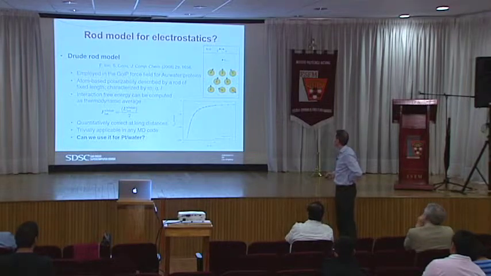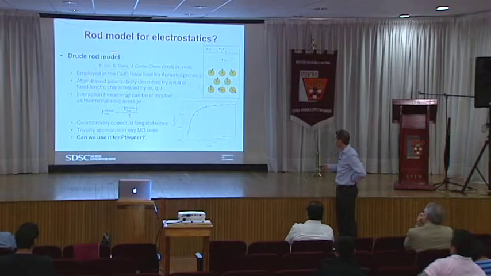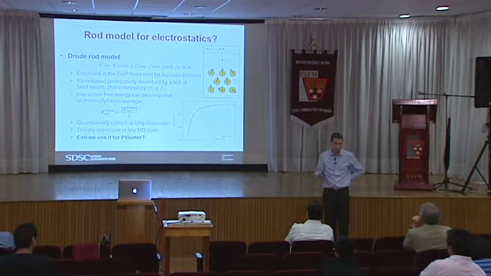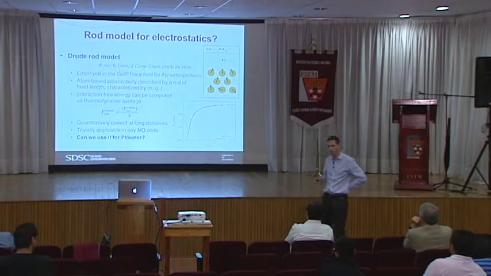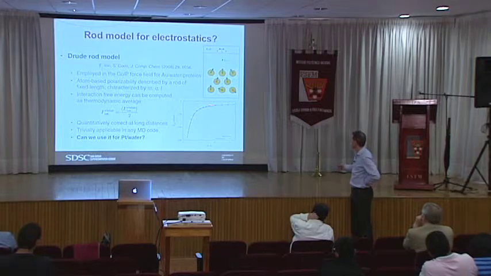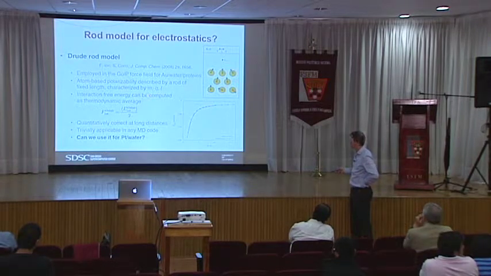So instead, another force field that has been developed in the literature, mostly for gold, that's why it's called GolP, uses a so-called polarizable rod. This is similar to a Drude oscillator, but instead this is like a Drude rod model, which is employed in the GolP force field. And that would also be very simple to implement in a classical molecular dynamics code, for instance.